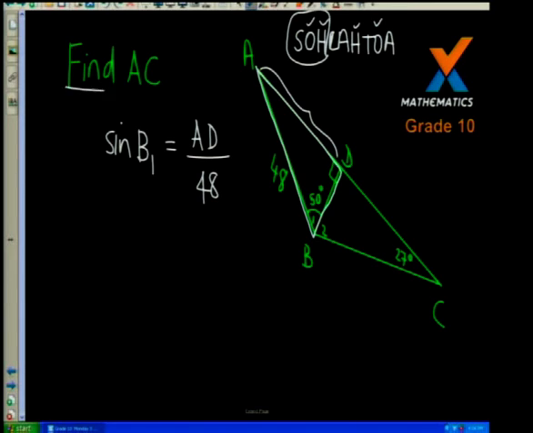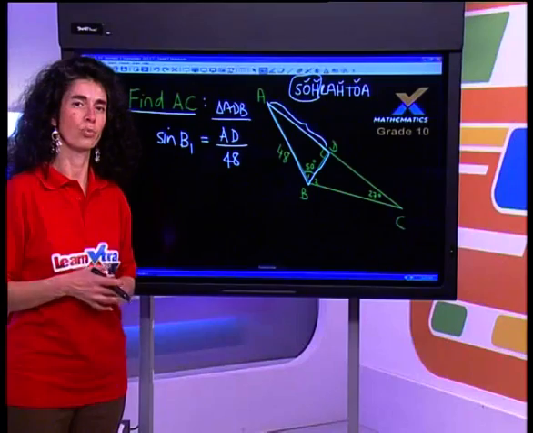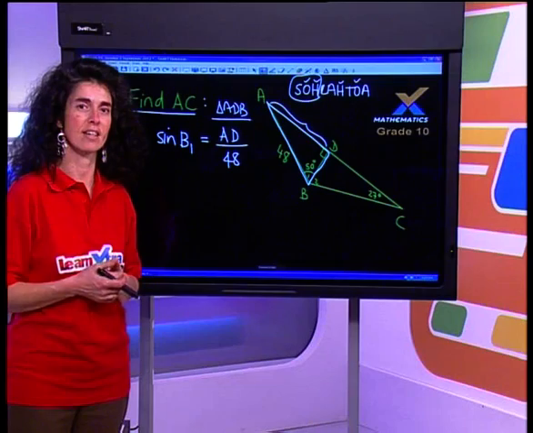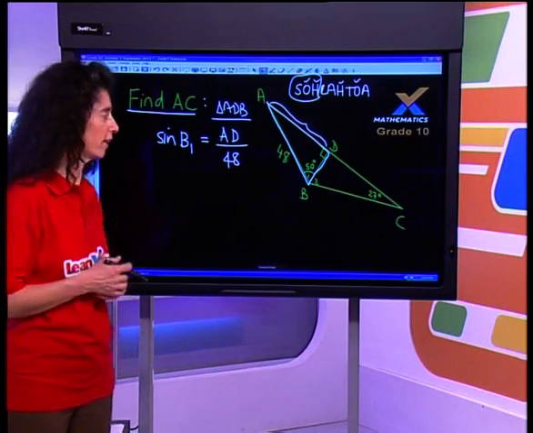So to find that, I would start off with my triangle ADB. Okay, so notice again how we wanted to find AC, but it's not in a right angle triangle, so we break it down into right angle triangles to try and work out certain portions that will eventually assist us in working out that full length.